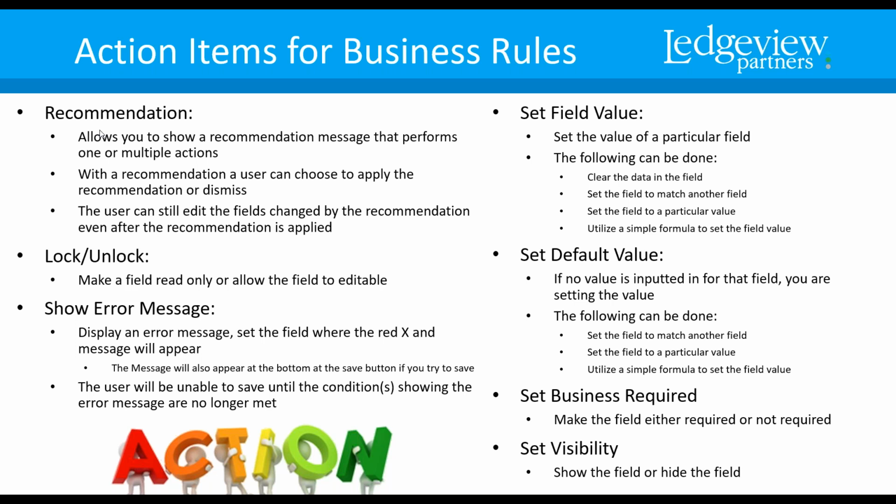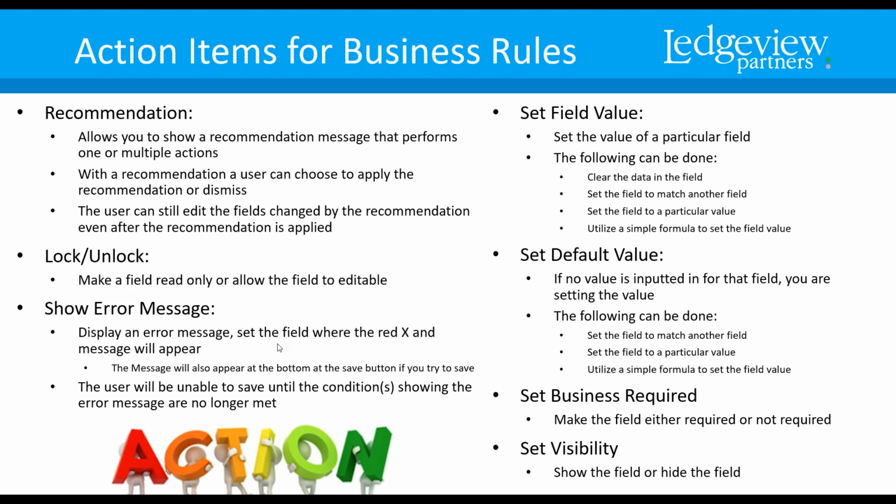So your error message example, your condition would be: if opportunity type equals government contract and state equals Oregon. If those two conditions are met, it's going to display an error message, and you can choose where that error message is displayed, meaning what field it's going to show next to.